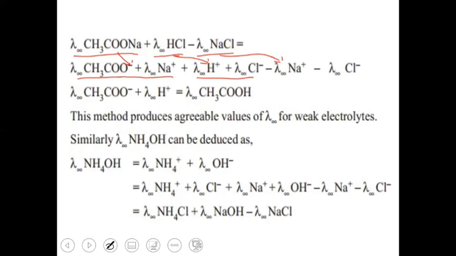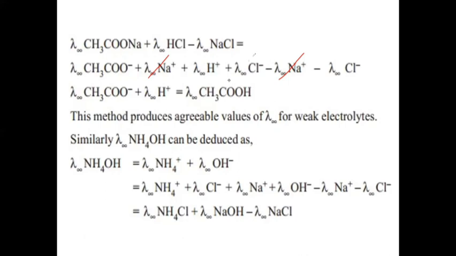After writing all the lambda infinity values of the strong electrolytes, cancel the values that cancel. Here, minus lambda Na plus and plus lambda Na plus are cancelled, and lambda Cl minus and lambda Cl minus are also cancelled, plus and minus. What are the remaining? Lambda infinity of CH3COO minus and lambda infinity of H plus.